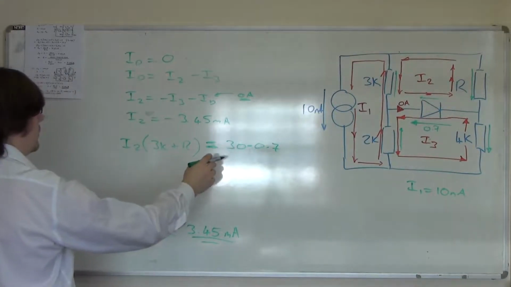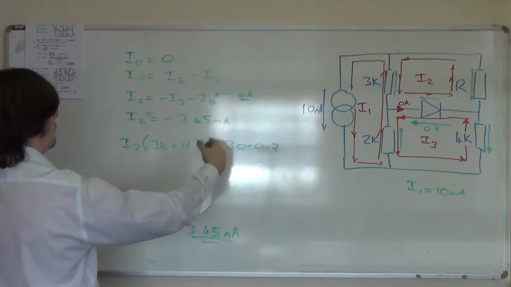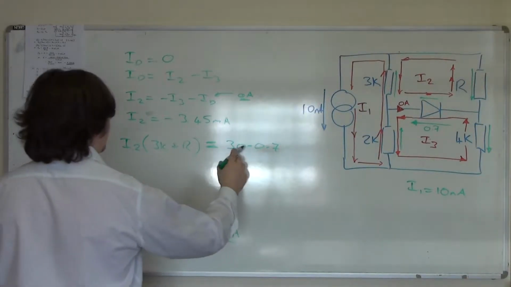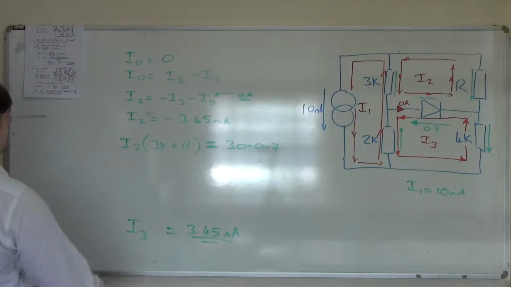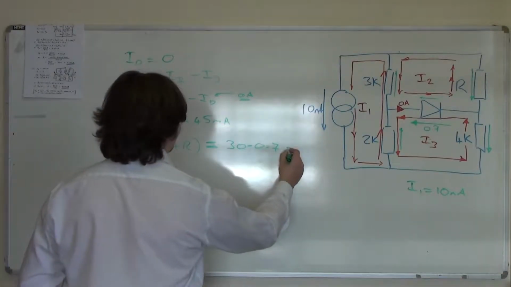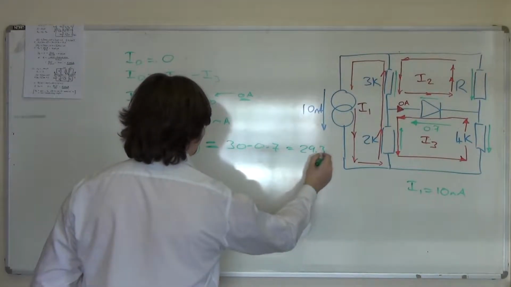Now it may be that I had this 30 composed of other things, because I think I wrote out something a bit longer than that, but it is the same, and you can work through it to find out what I had originally. And that's 29.3 volts.